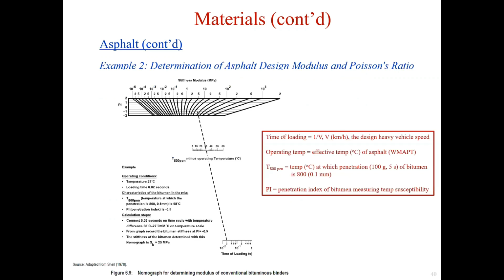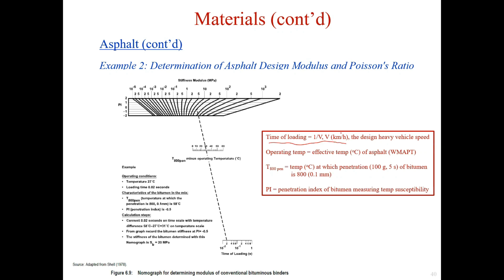Now let's look at one example. The nomographs produced by Shell to undertake these two steps are reproduced as figure 6.9 and figure 6.10. In determining the asphalt design modulus, you need to consider what your in-service temperature would be for your project and also your rate of loading. The time of loading is 1 divided by V, where V, with the unit of kilometer per hour, is the design heavy vehicle speed.